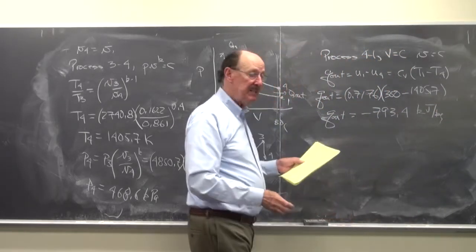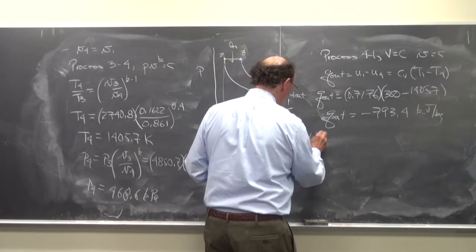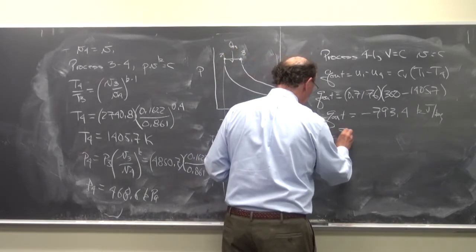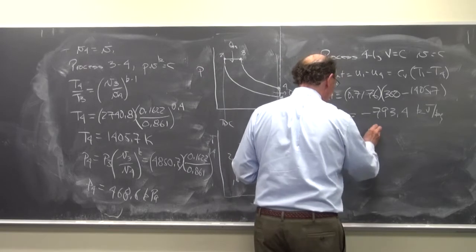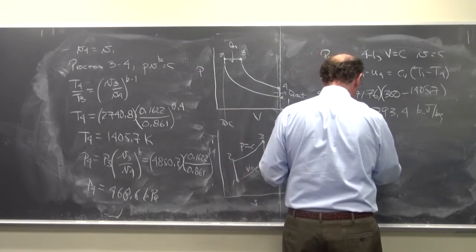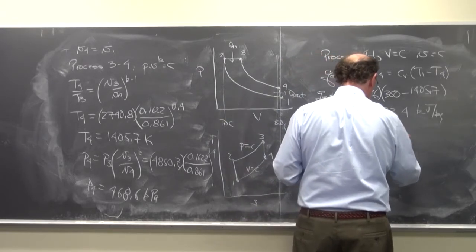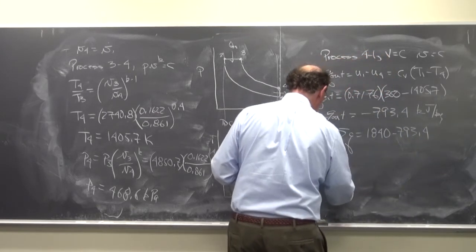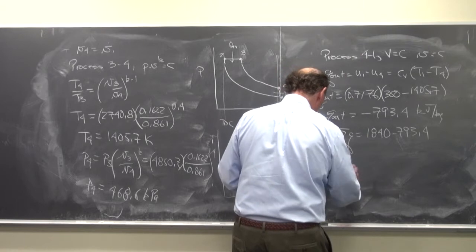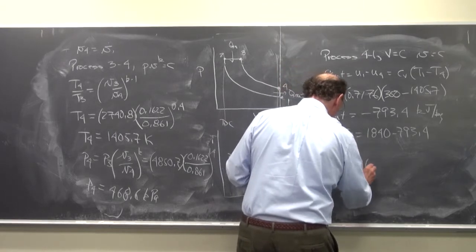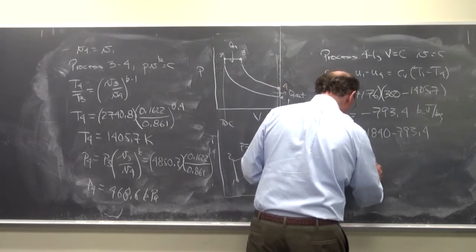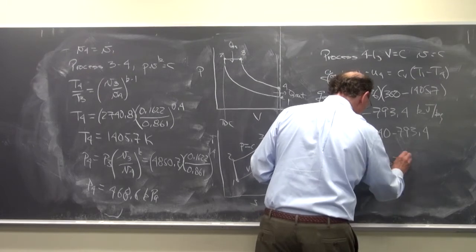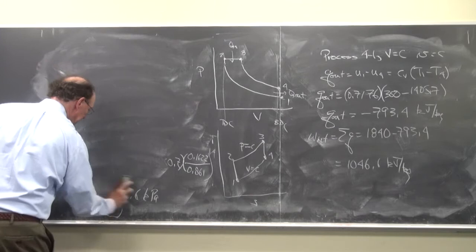W net is sum Q. So we have 1840 minus 793.4. So we have W net is equal to 1046.6 kilojoules per kilogram. And we can find the thermal efficiency and the mean effective pressure.